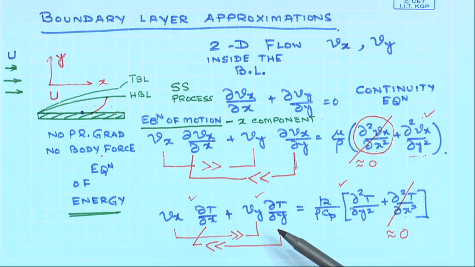Only when we obtain T as a function of x and y, we should be able to obtain the expression of the convective heat transfer coefficient, or the expression of Nusselt number.